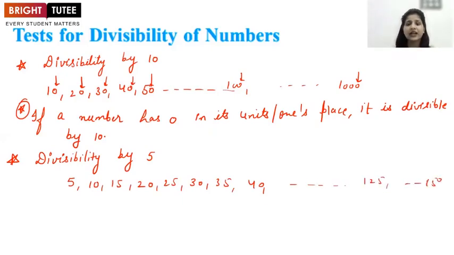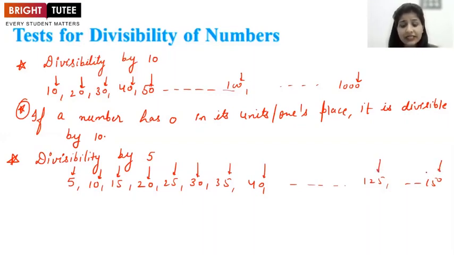So these are all the multiples of 5. Do you see any pattern in the digits? What do we observe? We see that the units digit is either 5 or 0. Every time, it is either 0 or 5 in all of these.